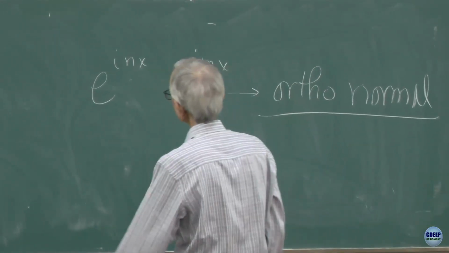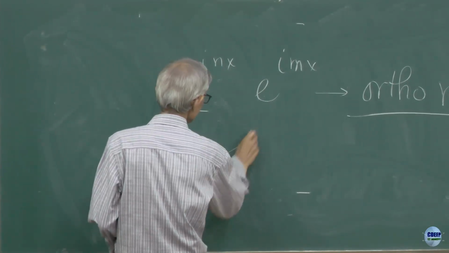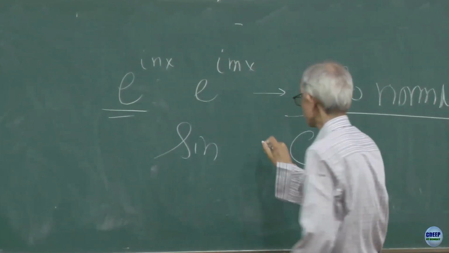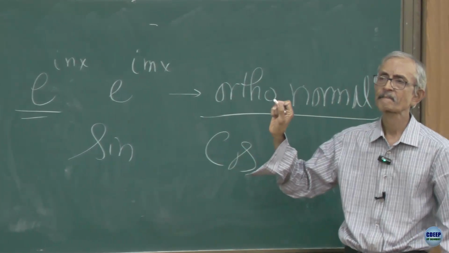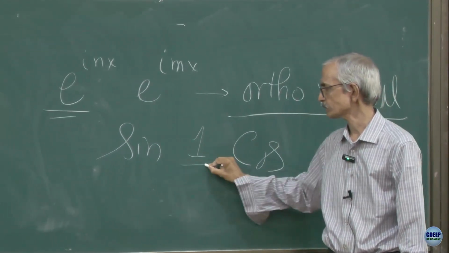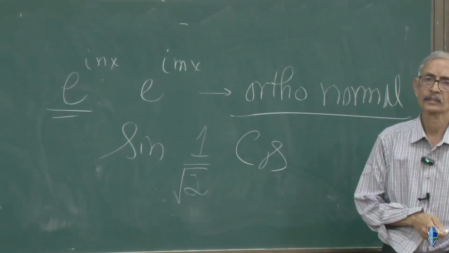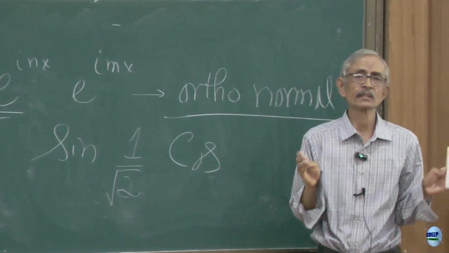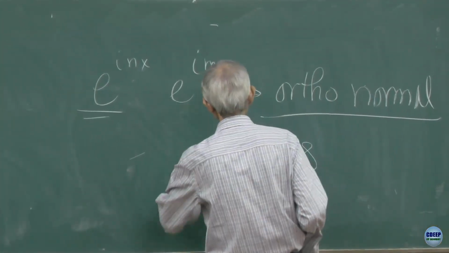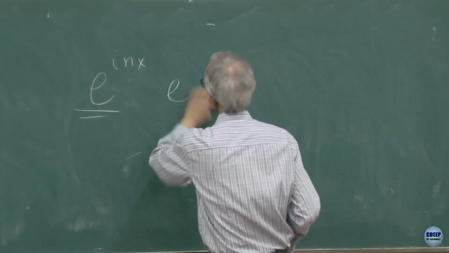What about now the constant? Remember that we had sines, we had cosines, and then what was the constant we had? It was not 1, but it was 1 by root 2, so that the functions are orthonormal. Let's see what happens in this particular case.